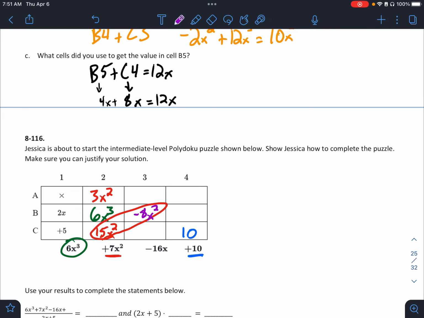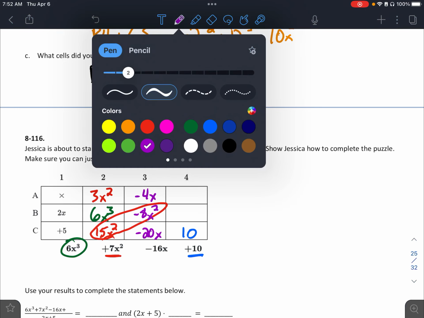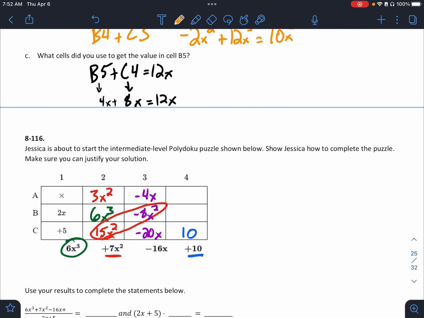So then, working backwards, 2x times what gets me negative 8x squared? It's going to be negative 4x. 4x times 5 gets me negative 20x. And again, kind of the last piece here, these two have to multiply to get me my negative 16x squared. So this is going to be a positive 4x.